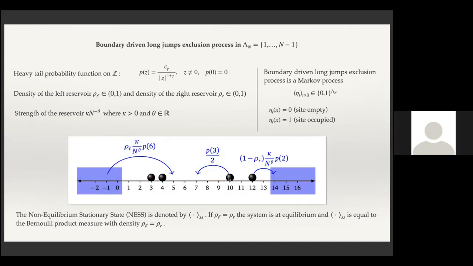Let's say the particle at 10, can it go to 1? Yes, it can go to 1 with probability p of 9. So yes, they can fly over each other. It is with the exclusion rule only.